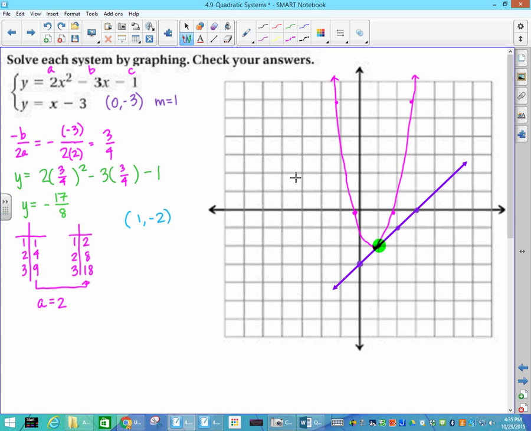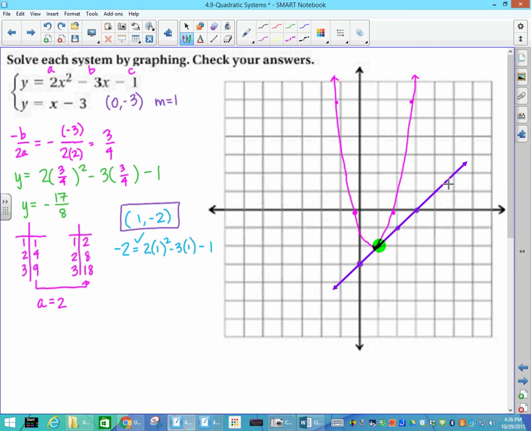So I really just need to check it in here. Does negative 2 equal 2 times 1 squared minus 3 times 1 minus 1? If you check that, you'd find out it does. That means the answer to our problem is 1, negative 2.